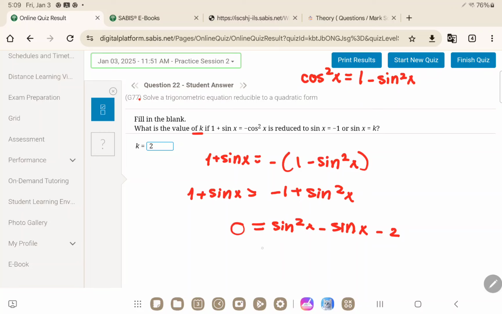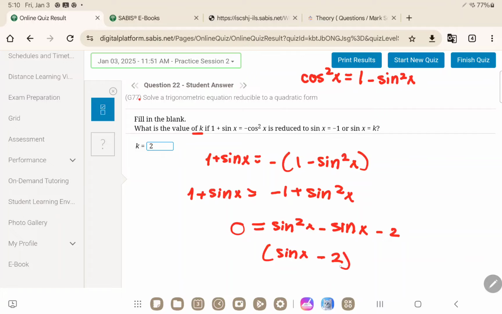Again, what we do is we act like this is any normal variable and we solve with it. Sine x minus, what two numbers when you multiply them give you negative 2, and when you add them give you negative 1? We know that it's 1 and negative 2.